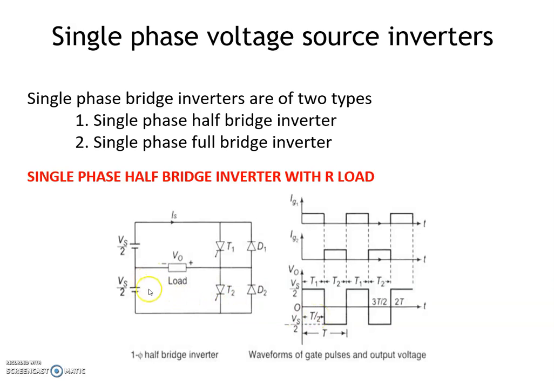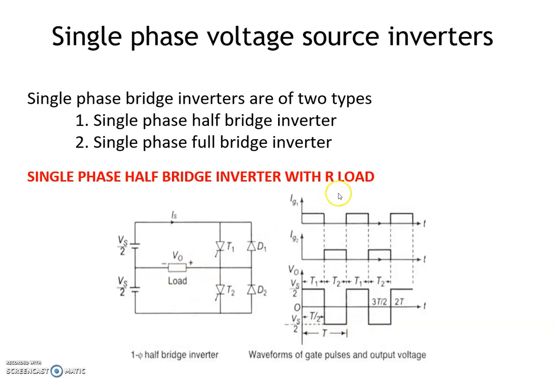The lower voltage source is connected to the load through the thyristor T2. Therefore, the output voltage polarity reverses, and the output voltage V0 becomes minus Vs by 2 when T2 turns on.